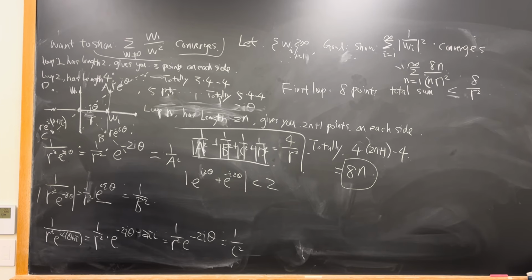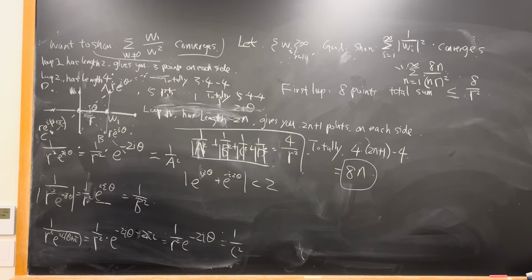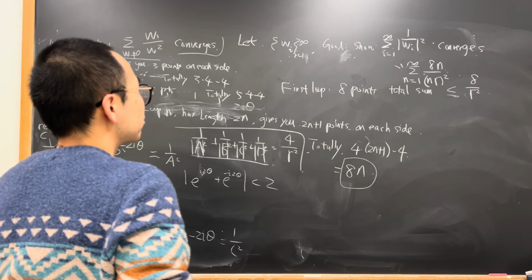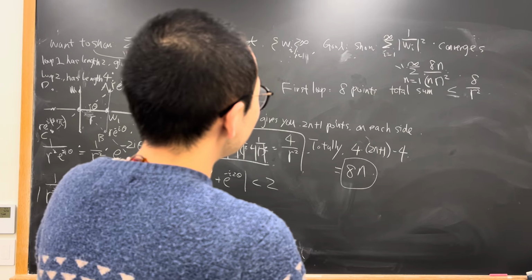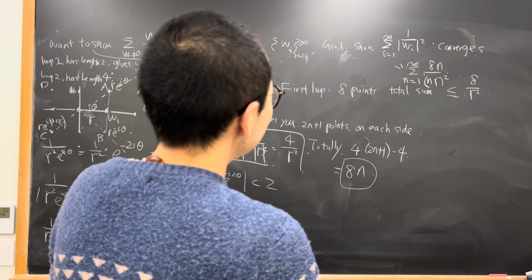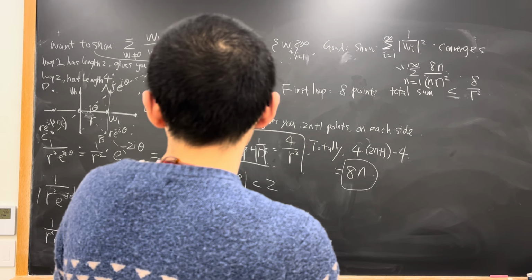let me make sure. So second loop is 2r, third loop 3 times r. Yeah. So it diverges.